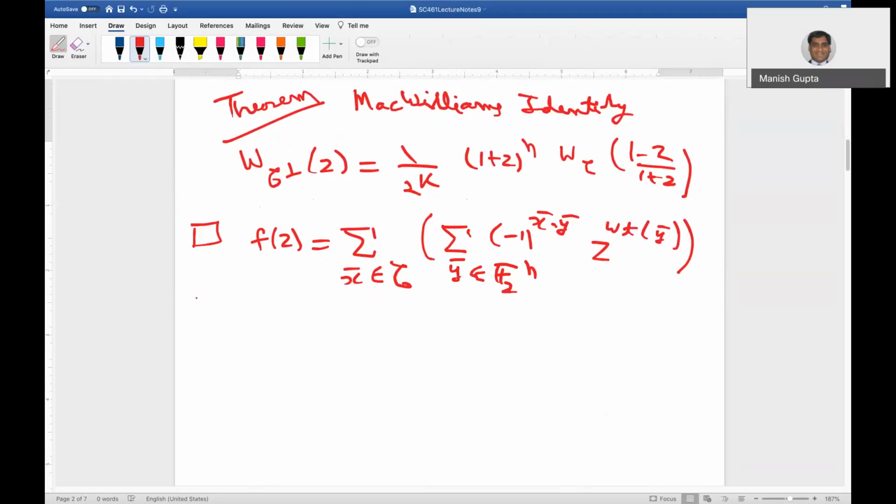Now if we use lemma 3 here, we are going to express f of z in two ways.